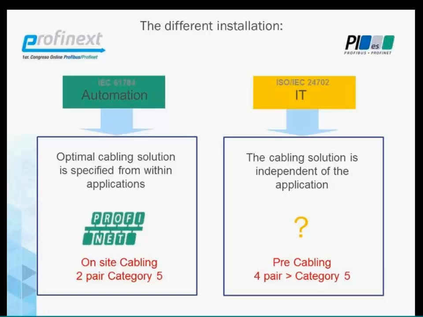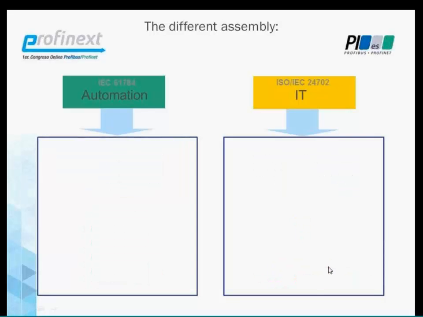You know exactly where you want to use this installation. You know that this is an installation you want to use for Profinet, and so today you typically realize an on-site cabling with 2 pair in category 5, which is suitable for fast Ethernet.